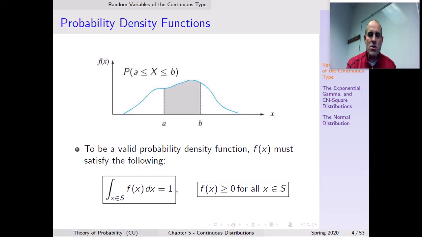Secondly, the density function can't ever be negative. These properties are like what we had in the discrete case, where the sum of the probability mass function over all possible values had better be 1, and the individual values had to be greater than or equal to 0. That's what these two boxed facts are getting at.